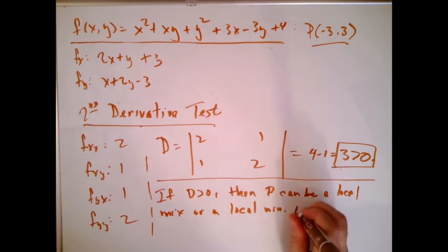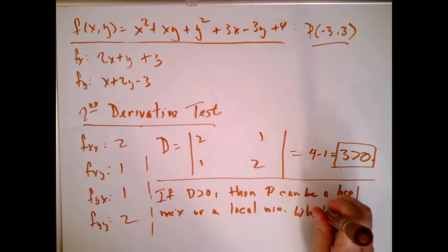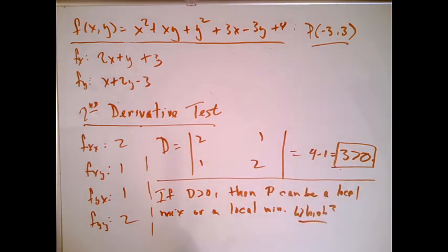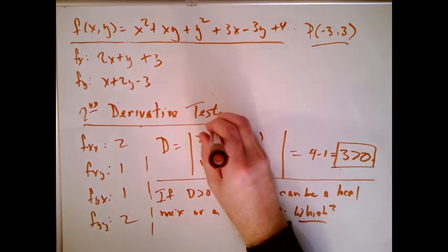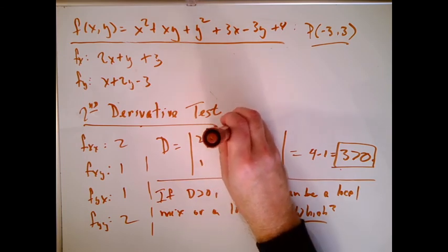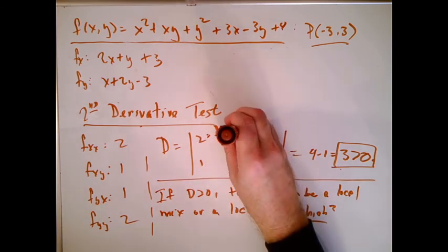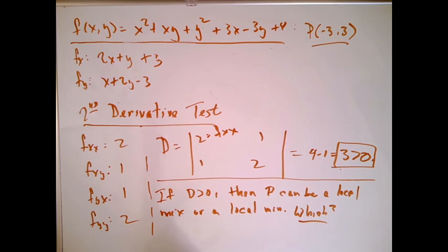Now, it does have a test for this, and I just want to discuss where that might come from. The idea is that this is fxx. Remember what fxx is from our interpretations of second derivatives. fxx says, take the section and look at the concavity.